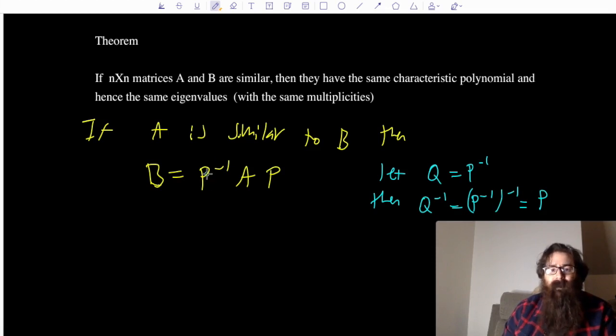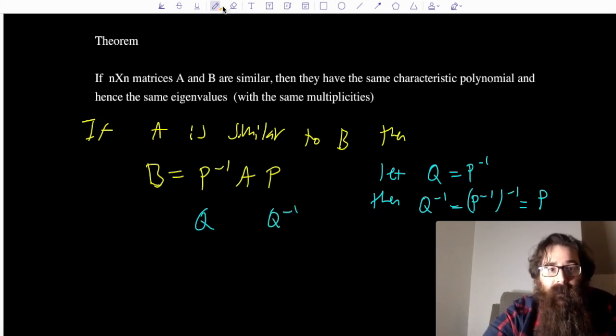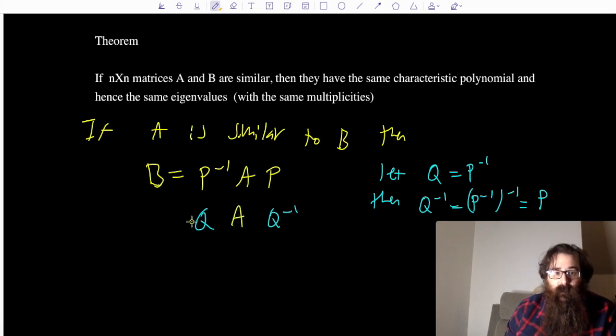So instead of P inverse, I'm going to have Q, and instead of P, I'm going to write Q inverse. So this is now Q times A times Q inverse equals B.